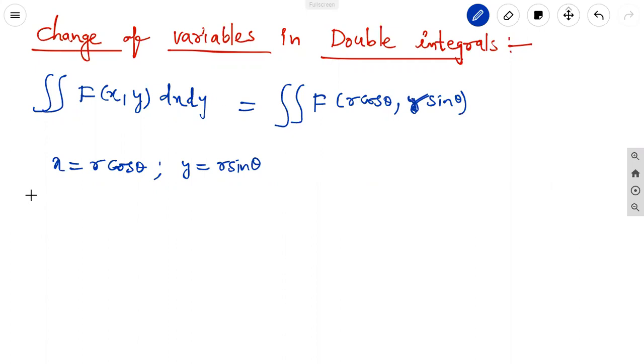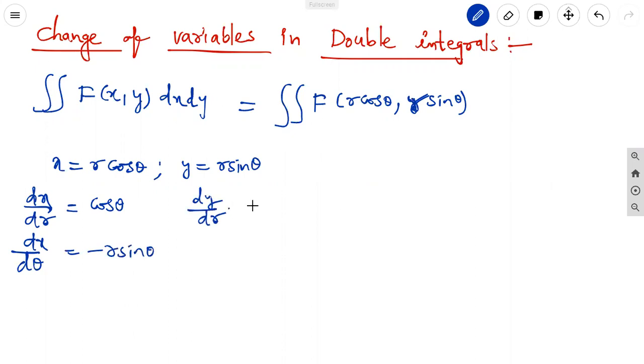Here we can find dx by dr equal to cos theta, dx by d theta equal to minus r sin theta. In the same way, dy by dr equal to sin theta, dy by d theta equal to r cos theta.